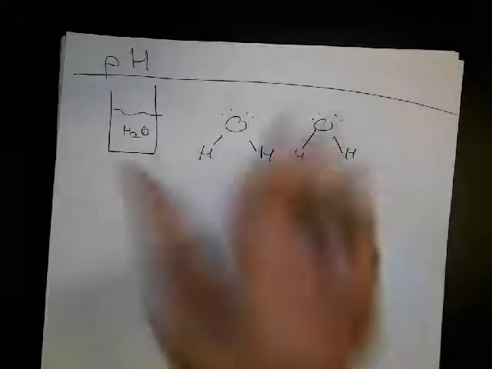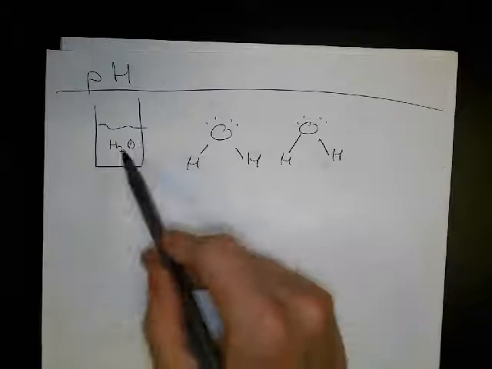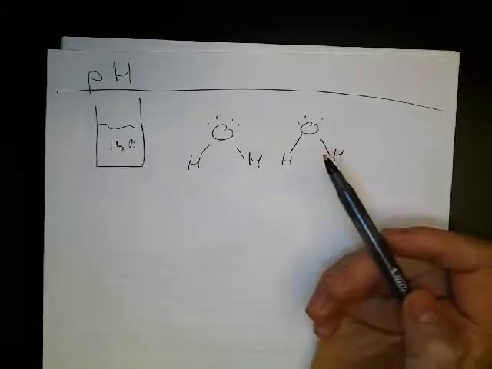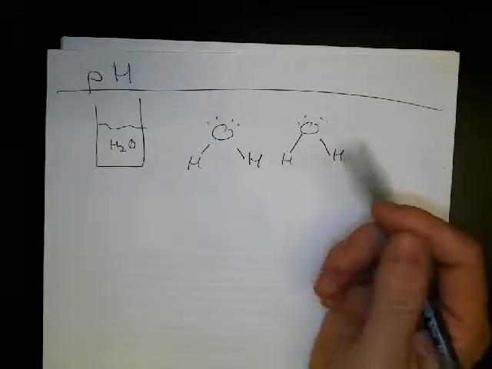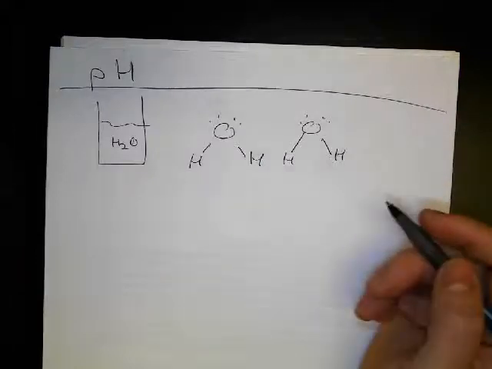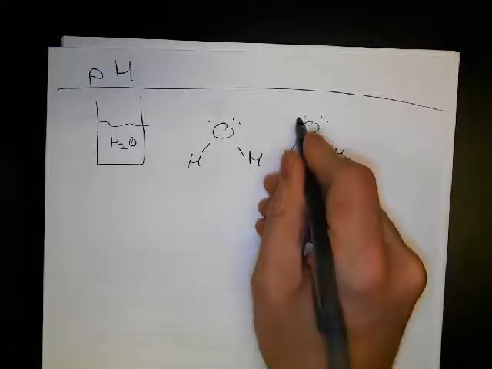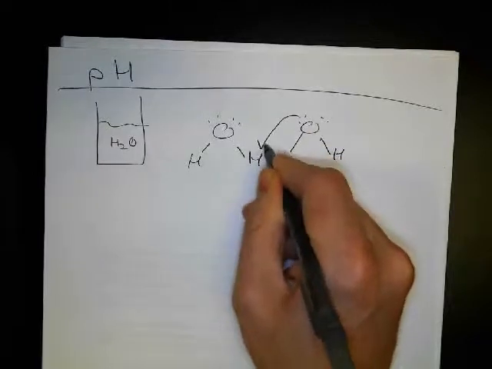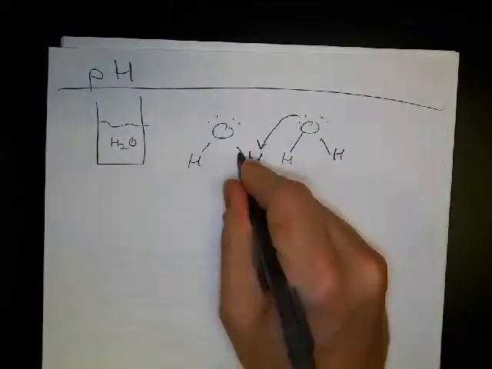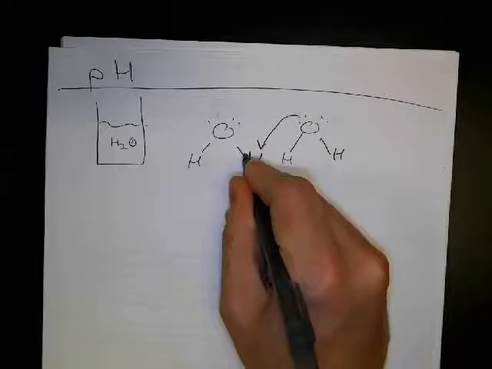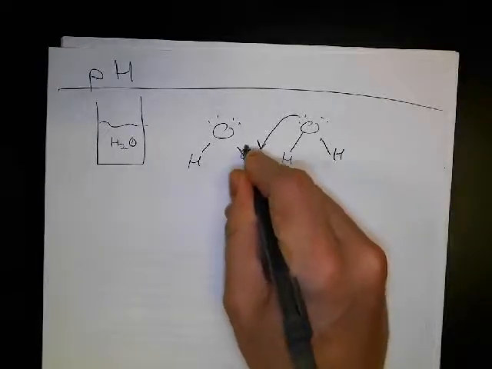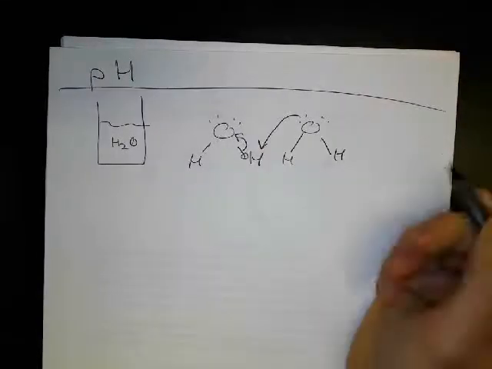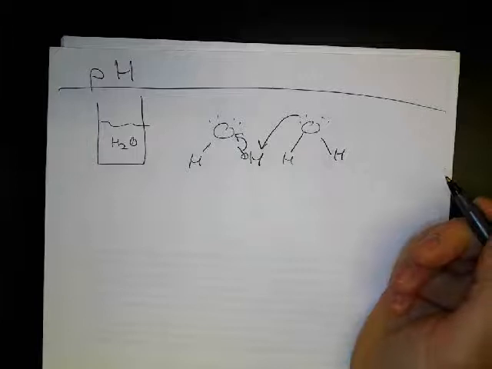If you had a bunch of pure water molecules bouncing around inside of a container of water, they bounce into each other, and sometimes you can get the following reaction. One of the water molecules, the lone pair, will kind of attach to that hydrogen, and the hydrogen will leave behind its electron, so this pair of electrons will stay on this oxygen.